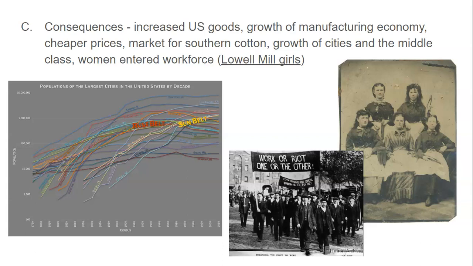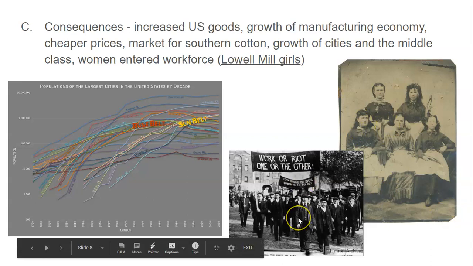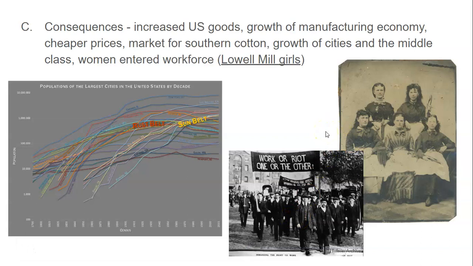They would get a taste of what it was like to live independently away from their family. But they also eventually realized that they were not being paid as much as men, and their working conditions were kind of dangerous. And so these struggles are going to lead women and eventually, later, also men, to start to strike against some of these factory owners. And we'll talk more about strikes a little bit later on.